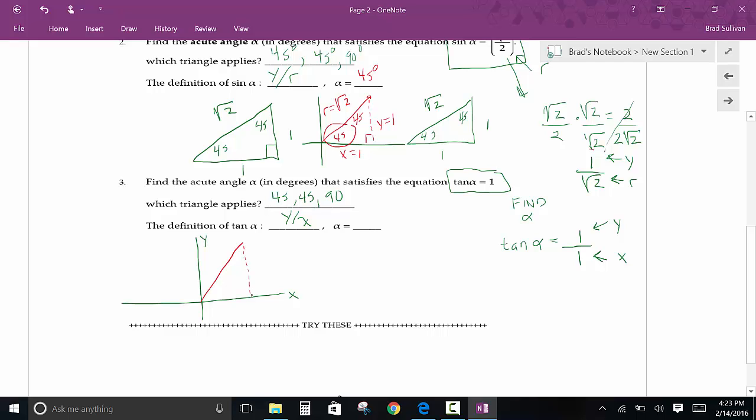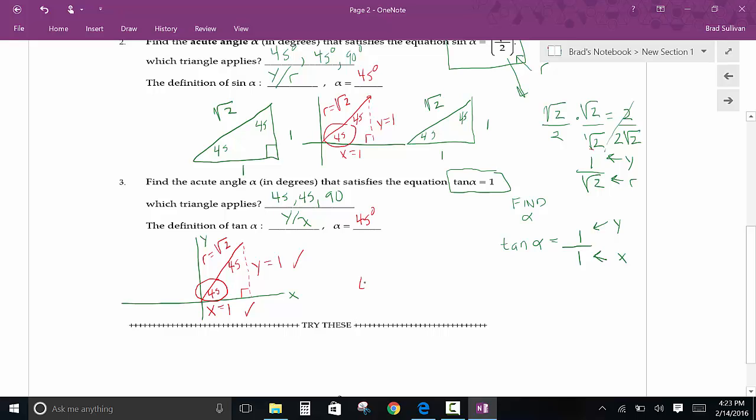You would draw straight down to the x-axis, and you would have a 45-45 right triangle, and the sides went like this: 1, which would be the x value, 1, which would be the y value, and then r would be square root of 2. So if the tangent is y over x, and it's 1 over 1, then that would correspond to that angle right there, so you would have a 45-degree angle as its answer.